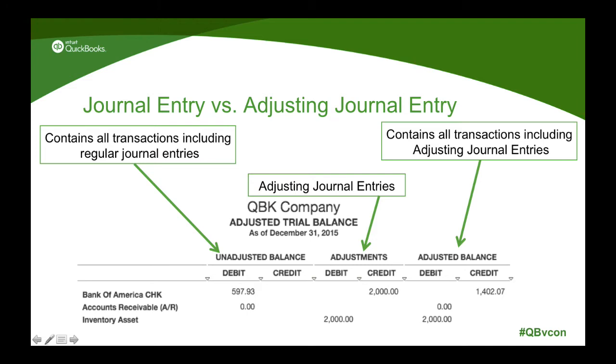When we pull an adjusted trial balance report, they would be part of the unadjusted trial balance, and then any journal entries that we make that are part of our adjusting or accountant-side correction are going to be under the adjustment section, and then at the end, the sum of the two would be the adjusted trial balance, which is the last column, which is the column that we are going to finally use to prepare the tax return. So that's the importance of putting that little checkbox there.